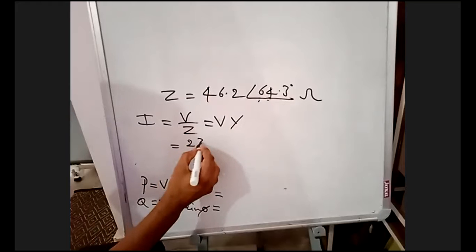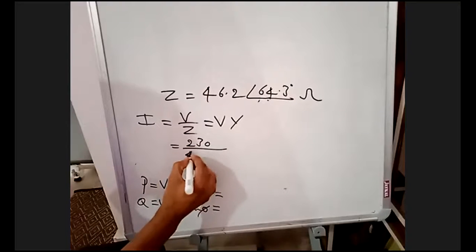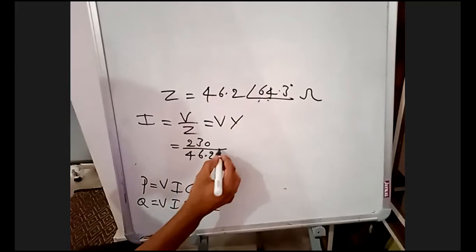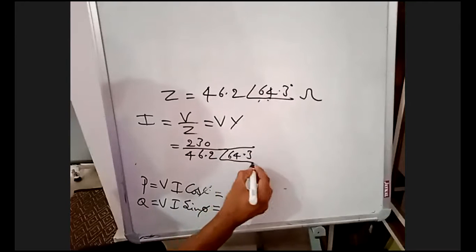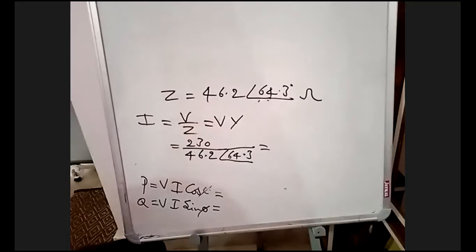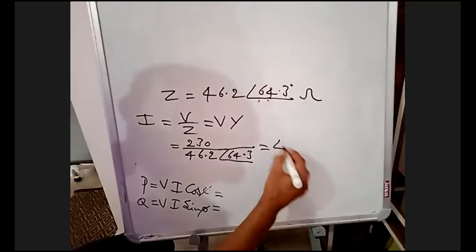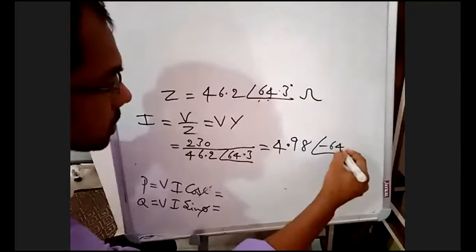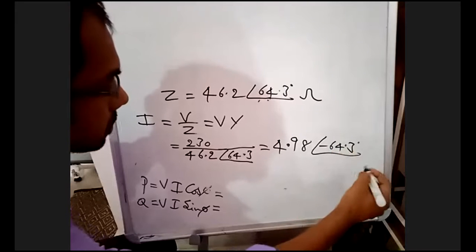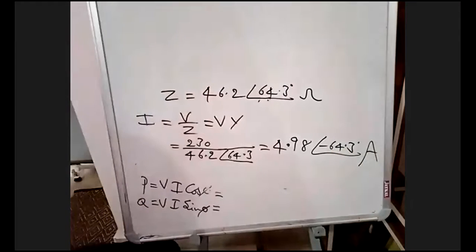V is 230. What is the Z? 46.2 at an angle 64.3. 230 by 46.2. This is your current.